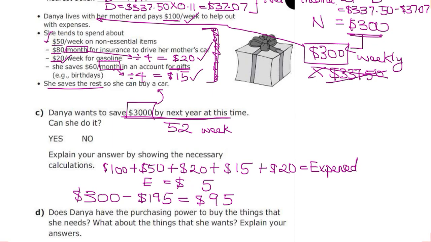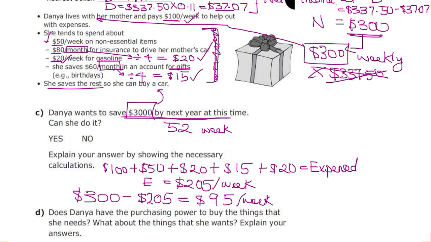So in here we have $205. That is for her expenses for 1 week. So it means here that if we subtract 205 from her net income, which is $300 that she earns per week, it means that in 1 week she's left with $95 in her bank account.